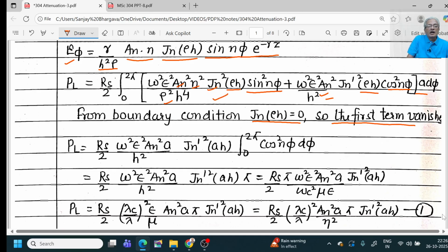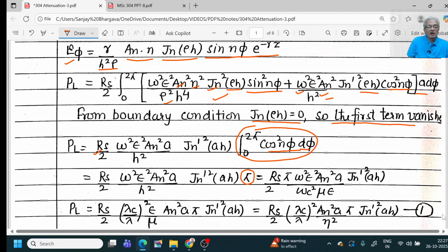Now from here Rs by 2 is there, along with ω²ε² An² a Jn'²(ha) upon h², times the integral 0 to 2π of cos²nφ dφ. This integration would give the limit upon 2, so 2π upon 2, that will give me π.